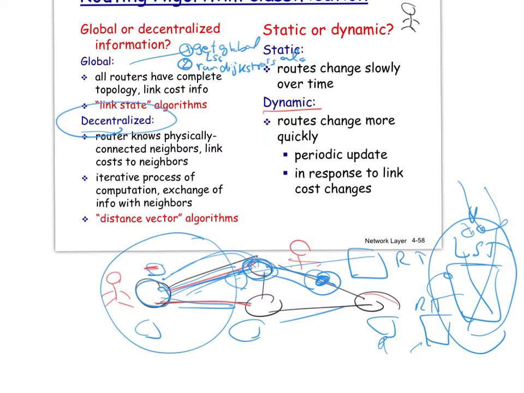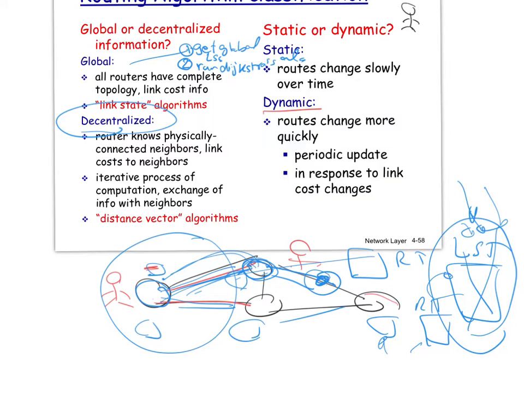The problem with the decentralized approach is that because you have a partial view, you don't know when you should stop. I am telling you now that the distance between you and QU is 10 kilometers. How would you know that this is the best cost? I don't have a global view.